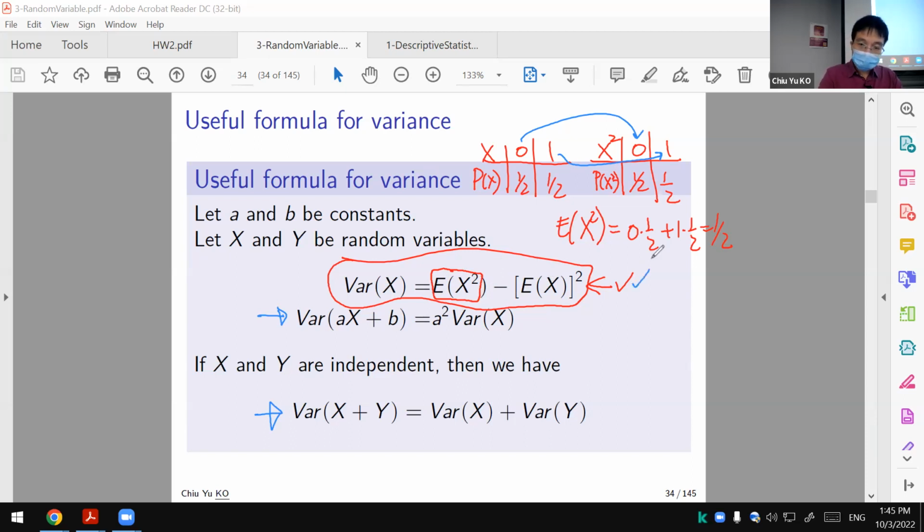But I want to draw your attention to the second and the third line. The second line says the following: say you have a portfolio with stock and cash, and the cash has no effect on the variance. You have more cash or less cash, it makes no difference, because the cash is not changing.